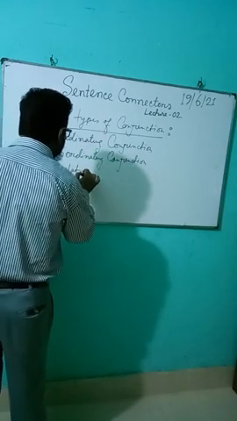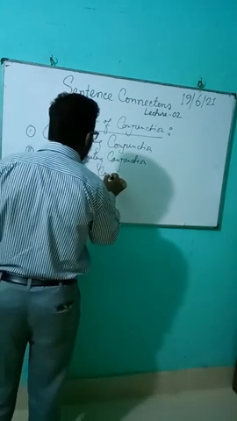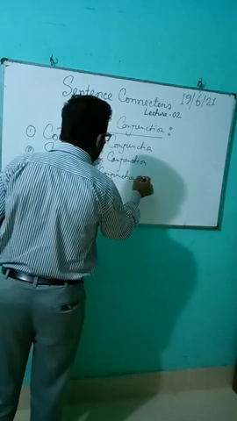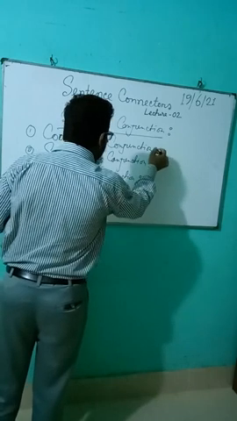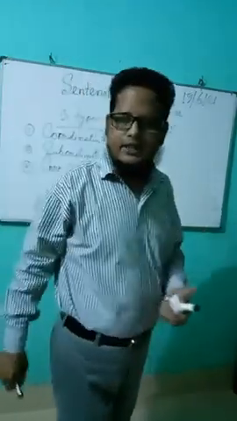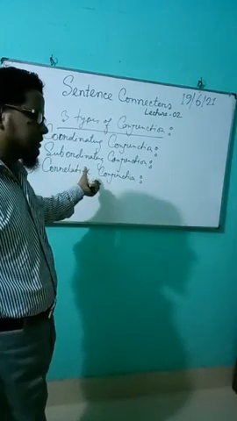So there are three types of conjunction: coordinating conjunction, subordinating conjunction and correlative conjunction.